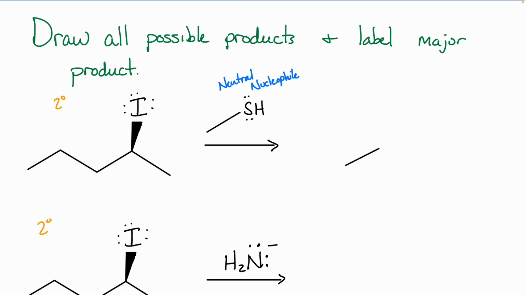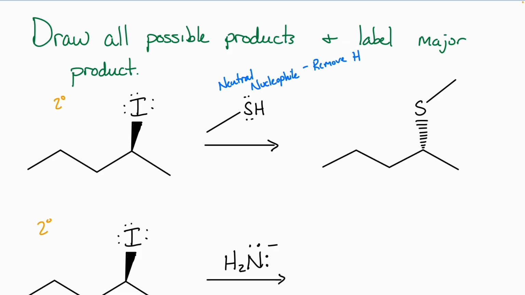All right, let's see here. I'm going to do my stereochemical inversion. That dash is going to become a wedge. When I put that neutral nucleophile on there, what's wrong with this? It's too many electrons here, right? We have to remove a hydrogen for our neutral nucleophiles.